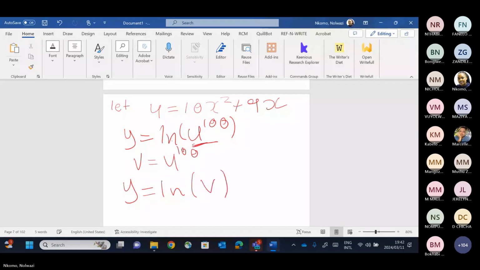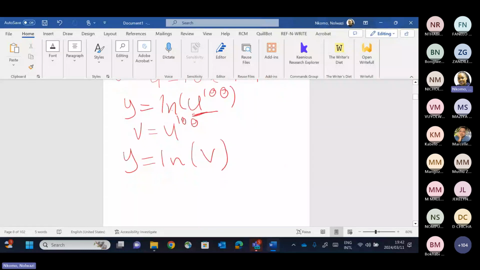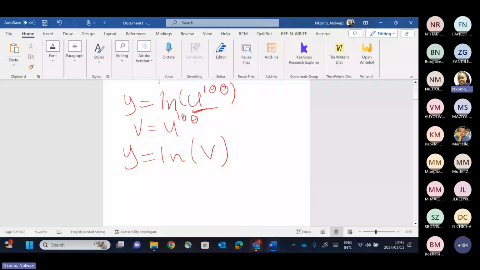Okay. We want to find dy over dx, right? But our y is a function of v. So this means here we'll find dy over dv, right? But v is a function of another variable, which is u.